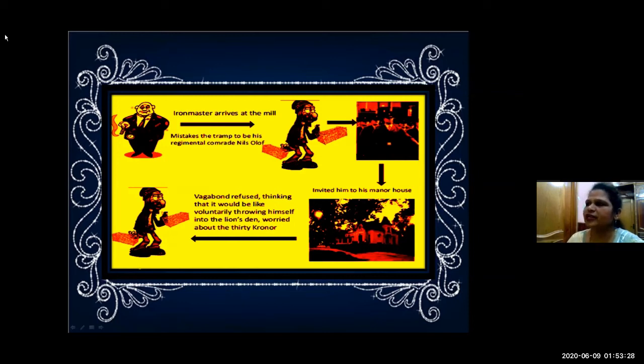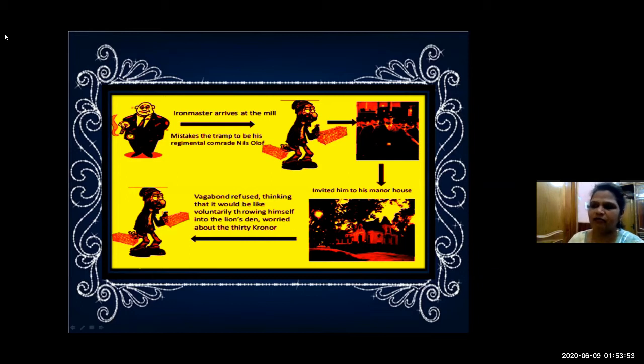That night, the owner of this iron mill came for inspection. When he saw this stranger in his mill, he mistook him for his old regimental comrade, whose name was Niels Loff. So he invited him to his house.